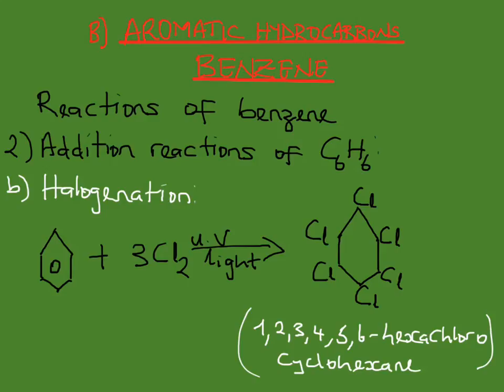Now you can see benzene reacting with 3 molecules of chlorine in the presence of light to yield 1, 2, 3, 4, 5, 6 hexachlorocyclohexane. Hexachloro indicates that there are 6 chlorine atoms attached on the 6 carbon atoms of the benzene ring, which results in a cyclohexane, which is a saturated compound.